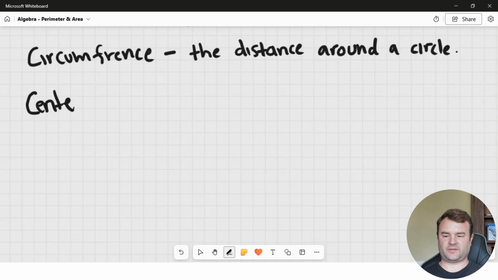The center of a circle is basically the middle point of a circle, such that if you draw a line out from that point, each of those lines has the same distance to the outer part of a circle. So the center is basically the middle of a circle.